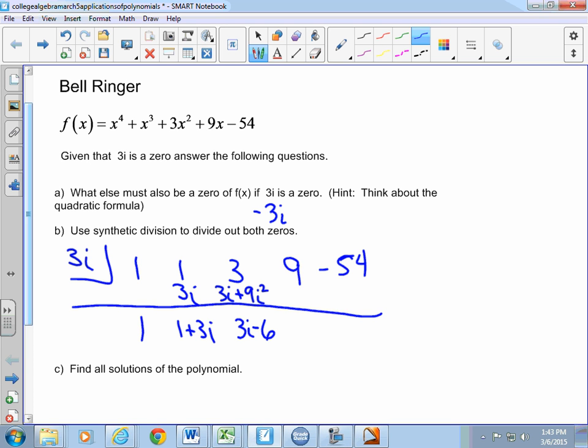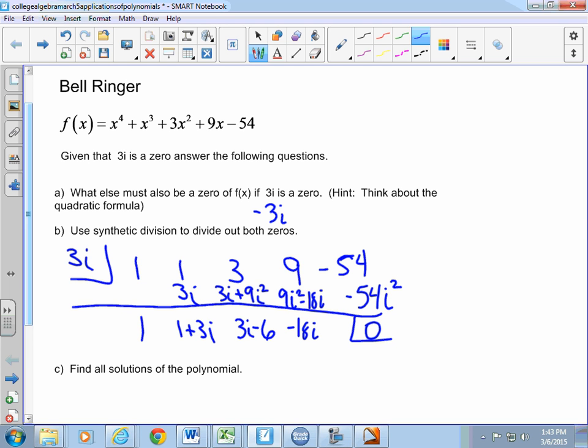Then you multiply 3i by 3i minus 6, and you get 9i squared minus 18i. And again, what is the i squared? Negative 1, so what happens to the two 9s? Cancel, and you're left with negative 18i. Negative 18i times 3i is negative 54i squared. And again, i squared is negative 1, so I get a 0 here, which I should.